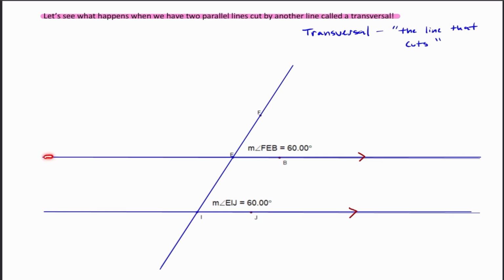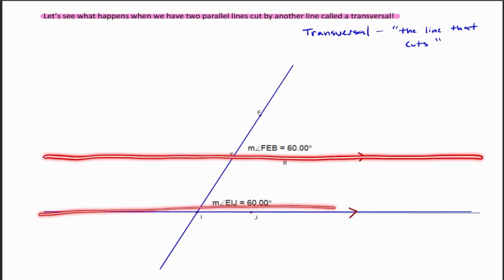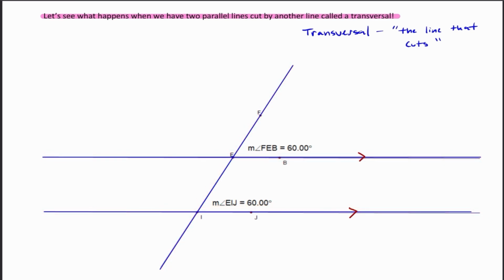Now observe, we have these two lines that are parallel to each other, cut by a transversal. What is the result of having parallel lines cut by a transversal?